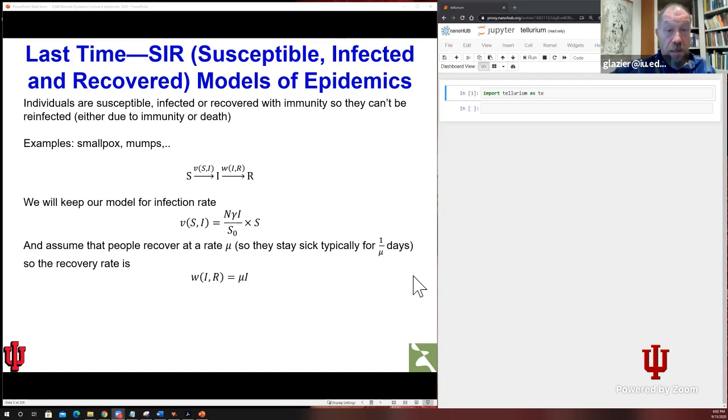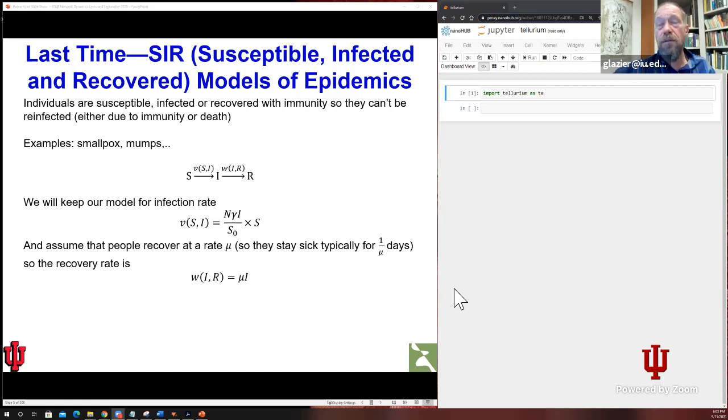The idea with an SIR model is once you're recovered, you're either dead or immune. We've heard that that's probably not a very good model for SARS, because people who recover probably become susceptible again. So SIRS models are probably more realistic, and we may get to SIRS models either today or next week.